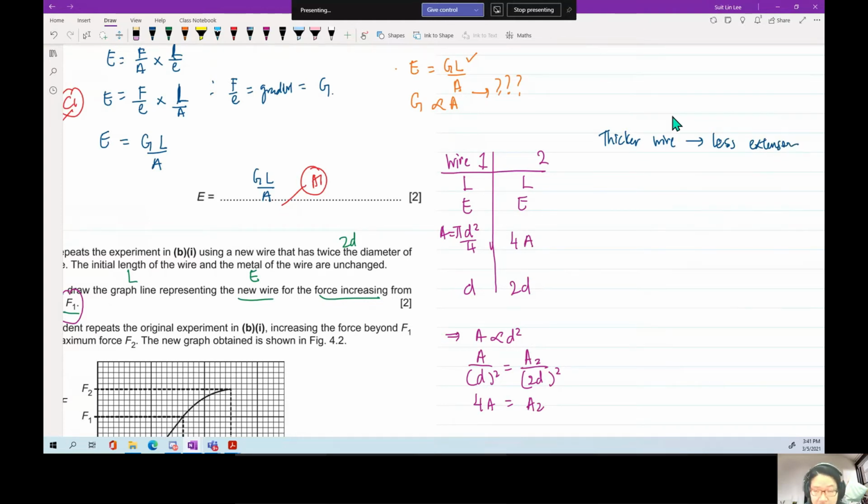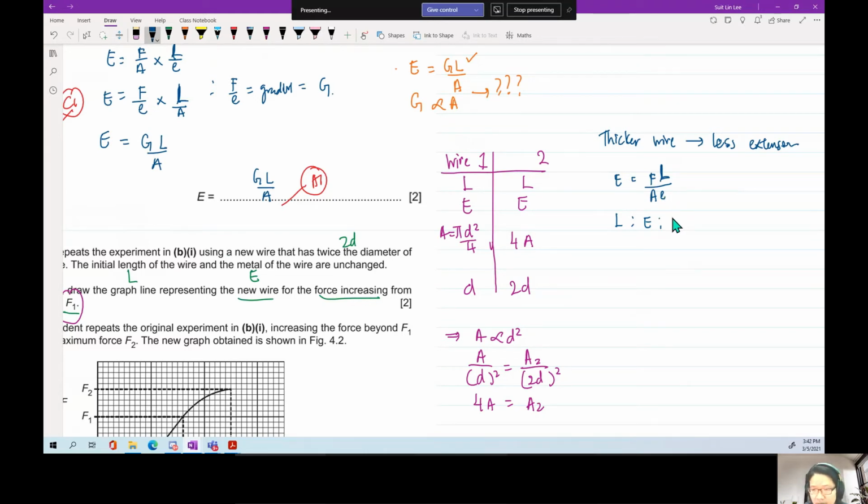So if a thicker wire means lesser extension, then, or you could think about it this way, e is equal to F over A, E times L. Oh, this is L. Okay, don't think about the gradient, think about logic. First, your L is constant, E is constant. Okay, is the extension constant? Nope. We don't expect the extension to be the same.